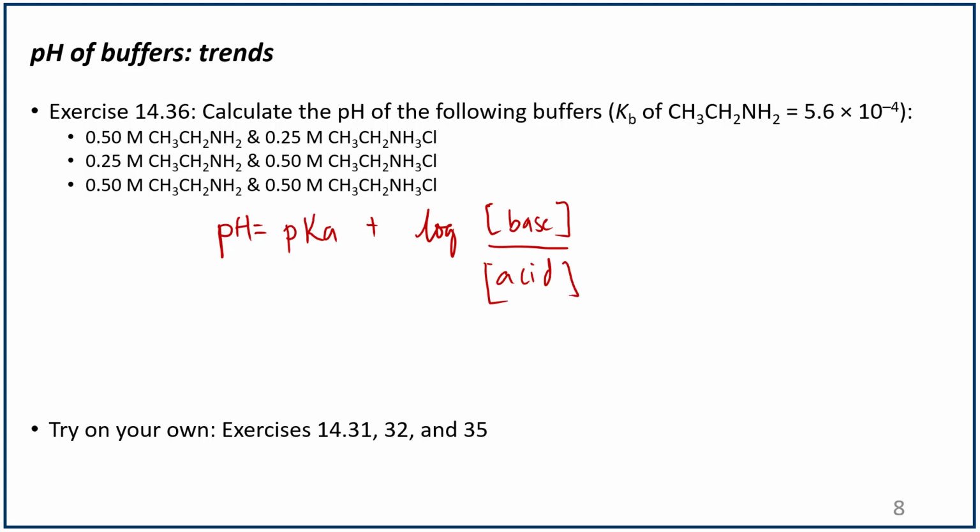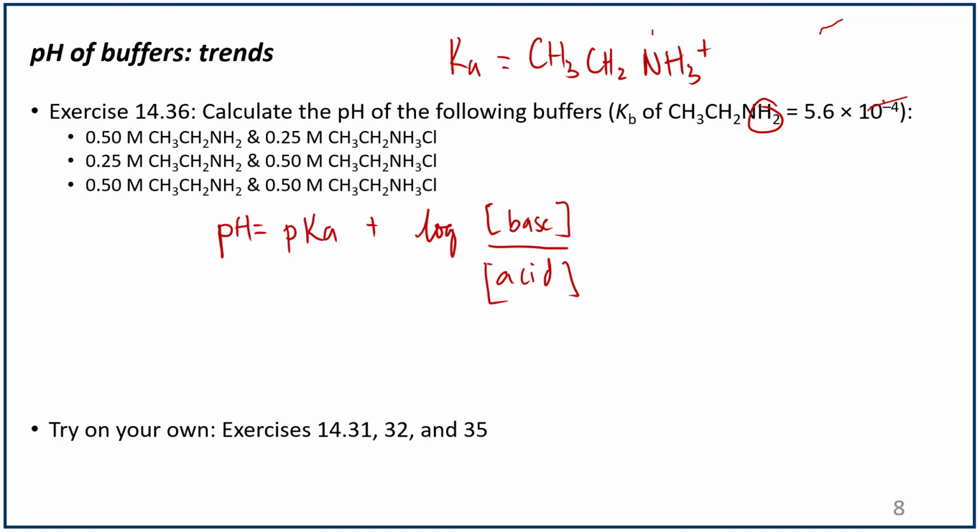Now, since we're given here the Kb of ethylamine, we want to determine first what the Ka of its conjugate acid is, which is the ethylammonium ion. You just add a proton to this. So the ethylammonium ion has this structure, CH3CH2NH3+.